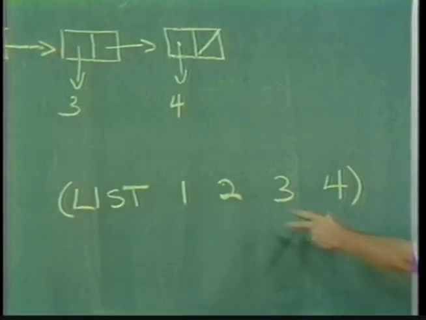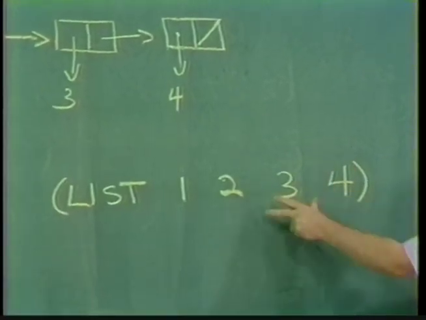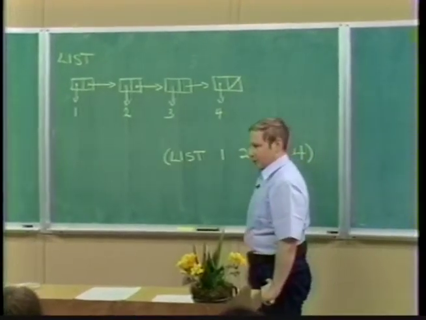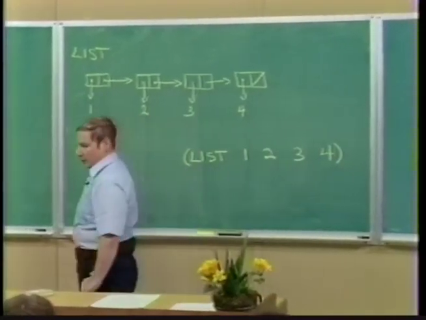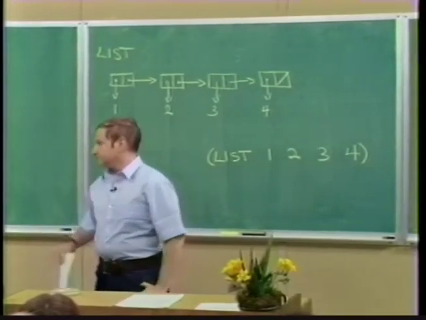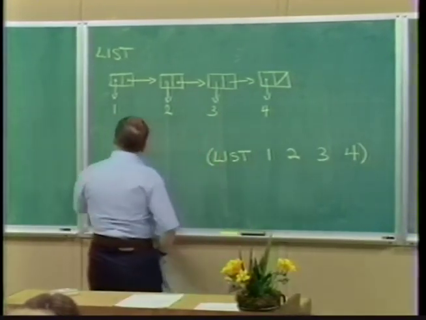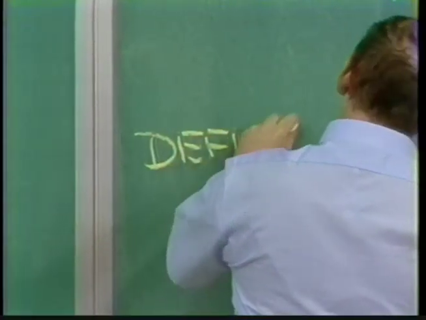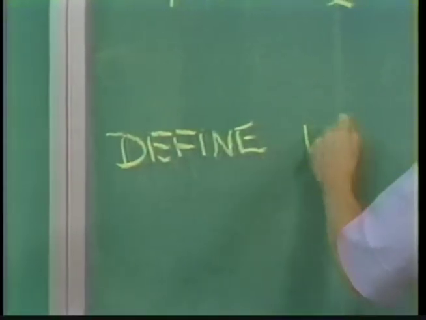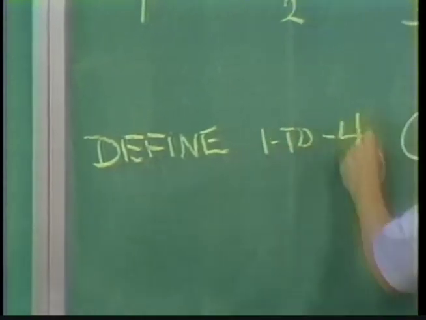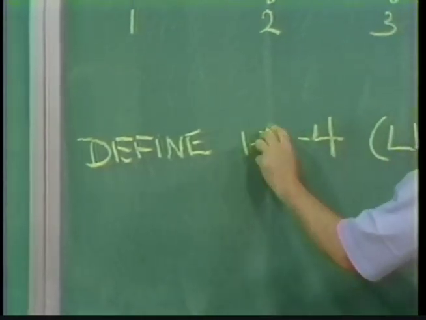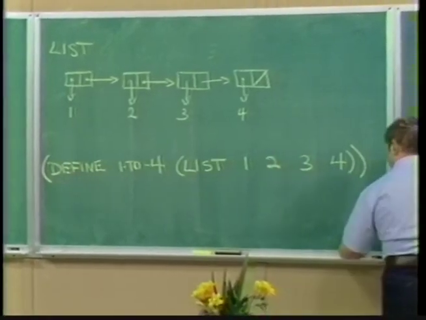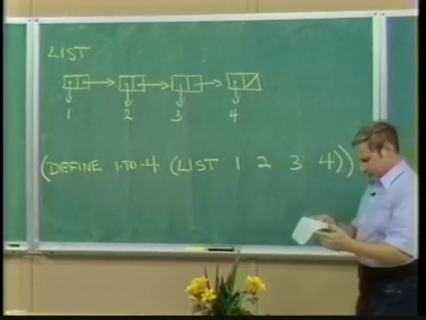And this is another way, a piece of syntactic sugar, a more convenient way for writing that chain of conses, cons of cons of cons of cons onto nil. So for example, I could build this thing and say, I'll define one-to-four to be the list of 1, 2, 3, and 4.